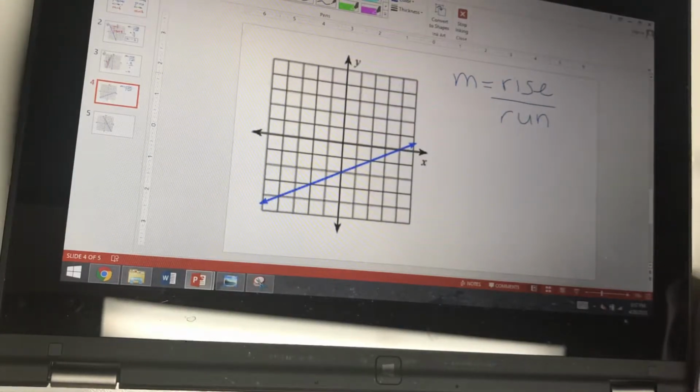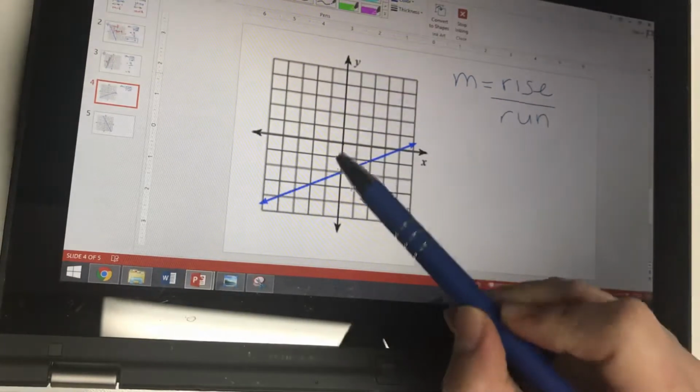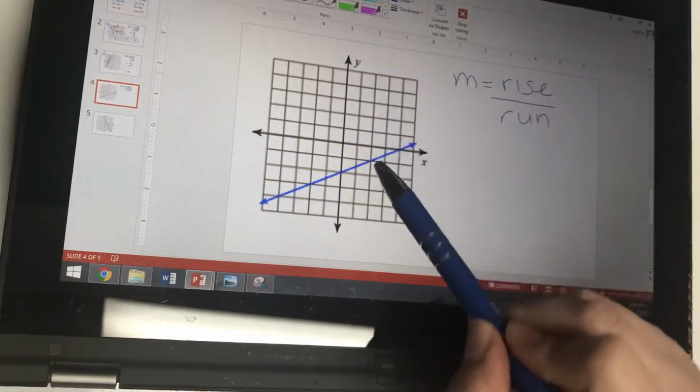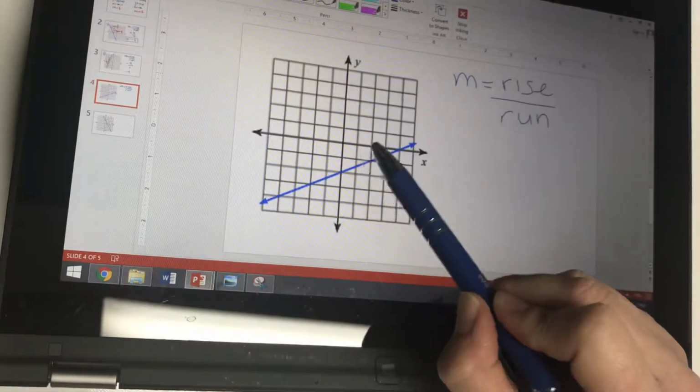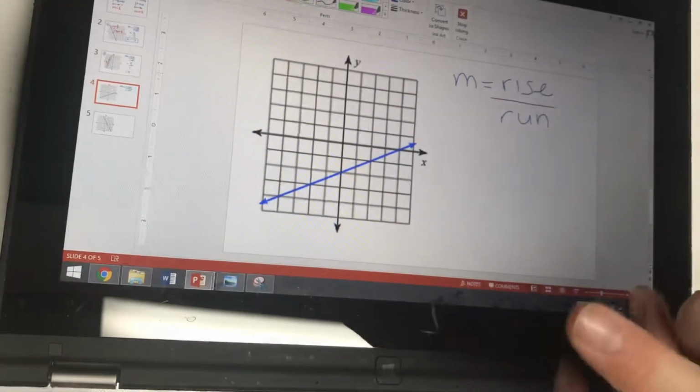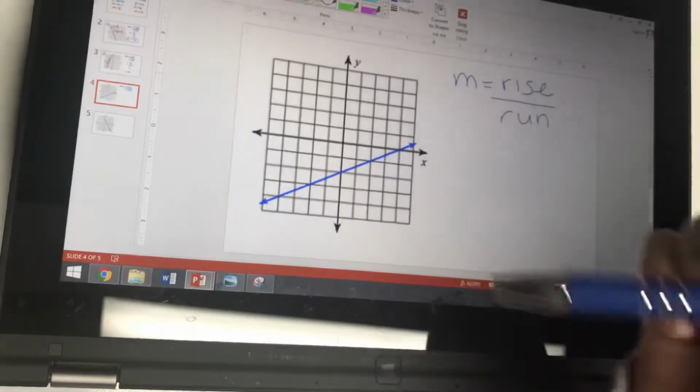It can be any 2 points on the graph, but what I recommend is that you use points that fall nicely on the grid lines. So somewhere where the horizontal and the vertical lines of the grid meet like this.